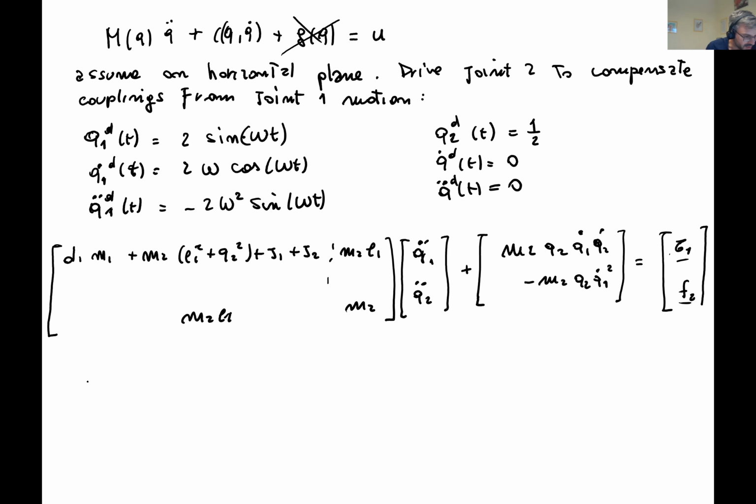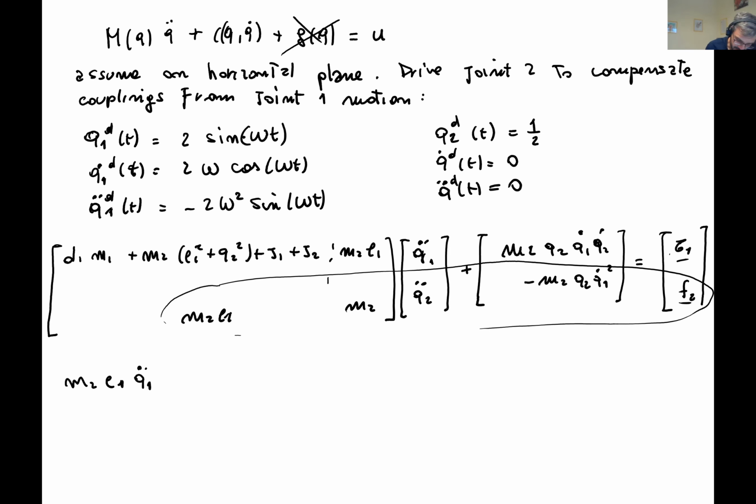We want to compute the force that the second joint should use to compensate for the motion of the first one. In essence, we look at the second equation and we replace the desired acceleration that we computed before.